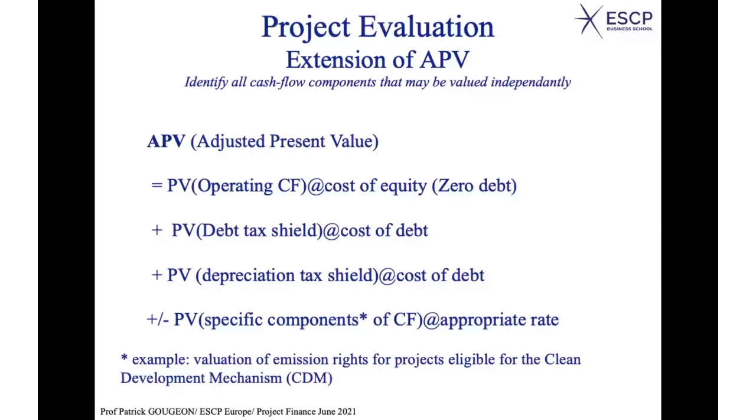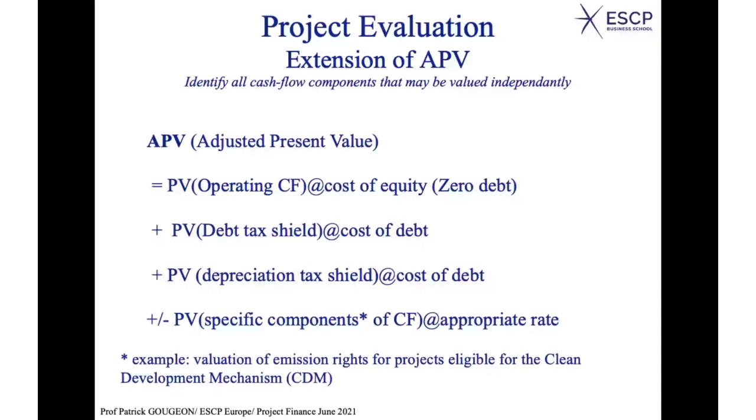You know, it's a line in the cash flow generation that can be isolated with a specific discount rate. In other words, you know, with the APV, what you see, and the difference with net present value. With the net present value, we have a discount rate which applies to everything. Here, the idea is to say, well, let's isolate the pure operating cash flow, which will be discounted with the cost of equity at zero debt. And then let's treat all the other elements.